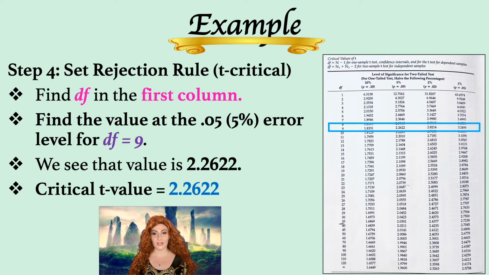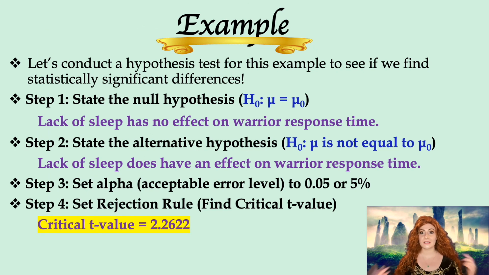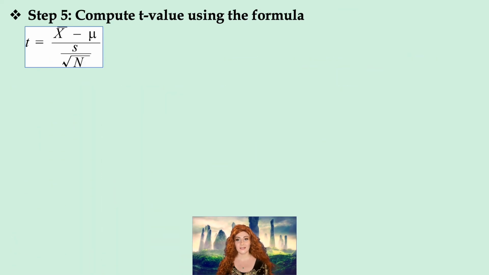So this critical value of 2.2622 is going to be compared to our t computed value, which brings us to step 5 to calculate t. Again, to compute t, we need to take the sample mean, subtract the population mean, and divide by standard error.